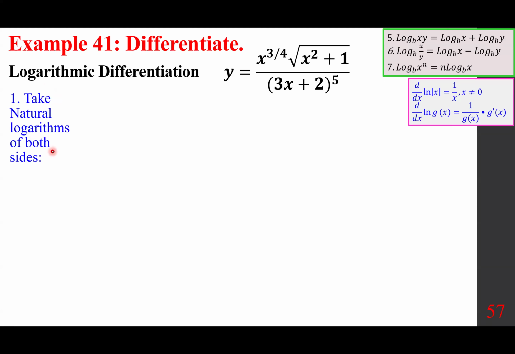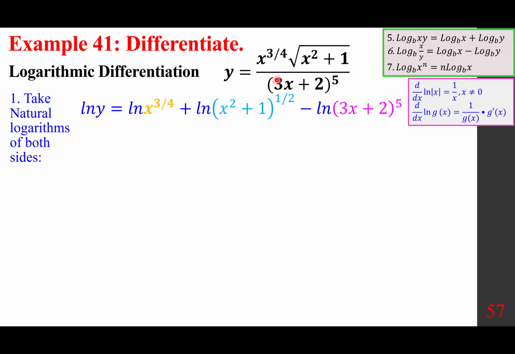So when you take natural log of this, of course, this is ln y, this cuts into pieces. And I'm assuming you have no problem with these properties. So ln of this piece plus ln of this piece minus ln of this piece. And of course, this is x squared plus 1 to the power of 1/2. So one more time.